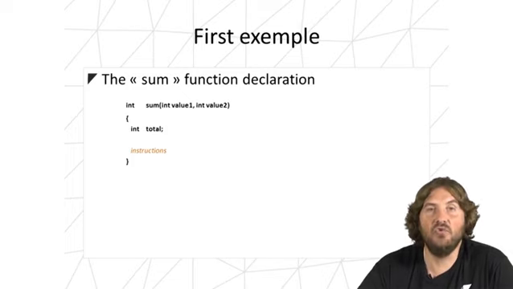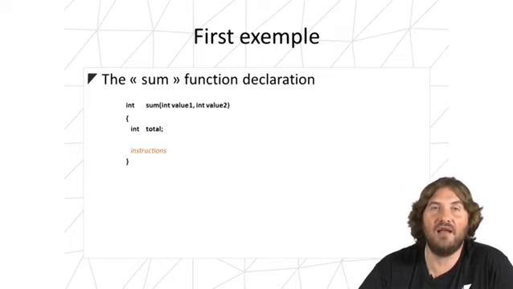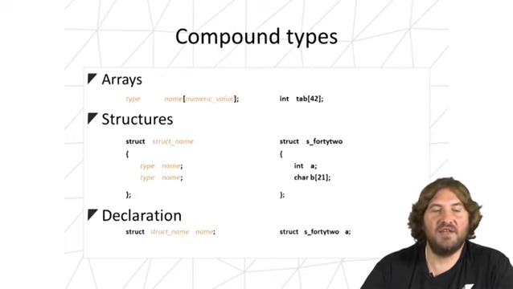Int total declares a new int called total, and is also a local variable. The functions are closed, which means outside of the function the variables don't exist. Therefore, it's local. Then we've got the instructions. In this example, there aren't any, but that's where they'd be. And finally, the closing curly bracket, end of the block, end of the function.